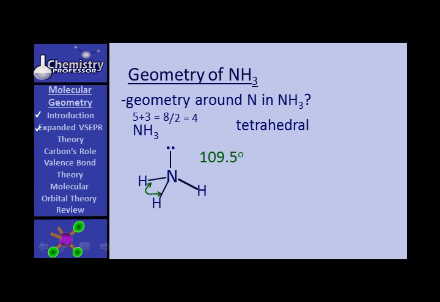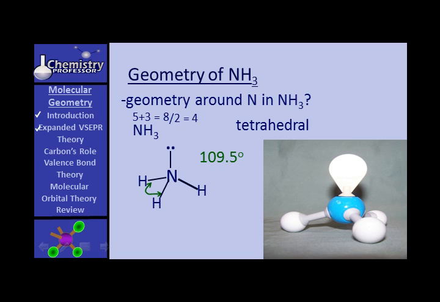But we'll get to that later. Here's what it might look like. And imagine, if you will, this lobe up here, this big lobe that I have, is where the unshared pair of electrons reside.